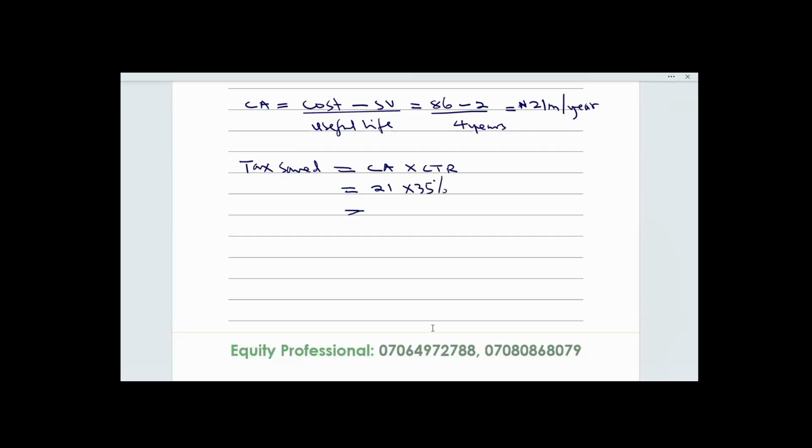This will give us annual tax saved of 21 multiplied by 0.35 equal to 7.35 million. Since our number is rounded to million, this will be approximately 7 million per annum.